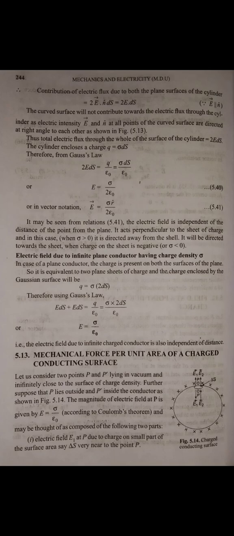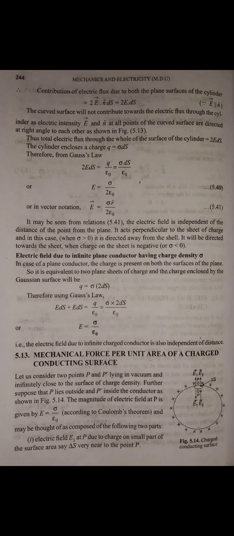Electric field due to an infinite plane conductor having charge density sigma. In case of a plane conductor, the charge is present on both surfaces of the plane. So it is equivalent to two plane sheets of charge, and the charge enclosed by the Gaussian surface will be Q equal to sigma into 2 ds.